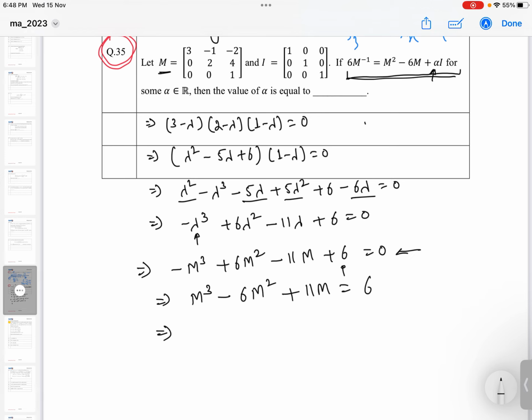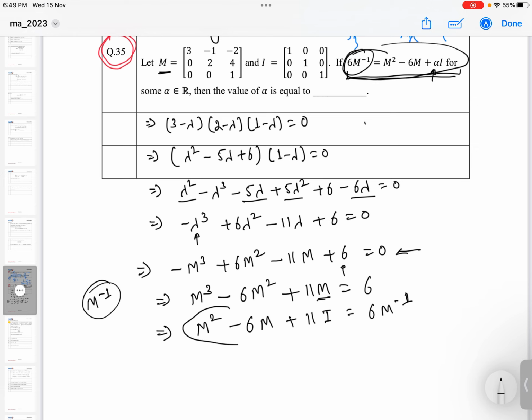Now we can multiply by M inverse on both sides, because we need this M inverse. So it will become M square minus 6M plus 11, since M into M inverse is I, is equal to 6M inverse. Now you can easily compare this and this. So M square minus 6M, and alpha is 11, right? So the correct answer for this is 11.